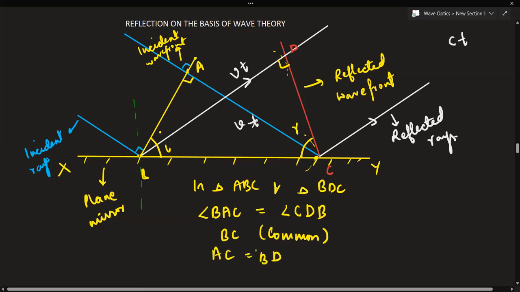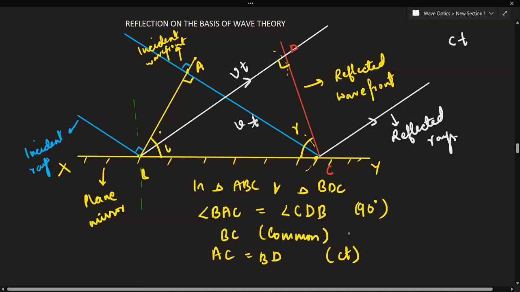If you remember from your previous classes, both of these angles are equal to 90 degrees, and one side is common. These sides are equal because both of them have speed CT or VT.